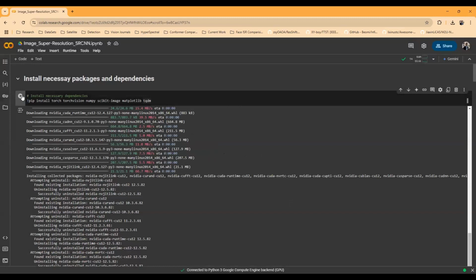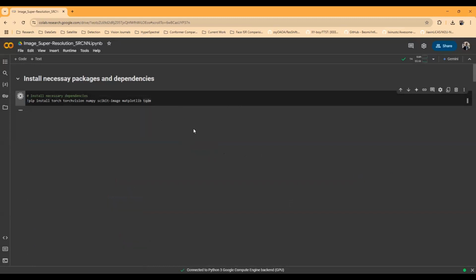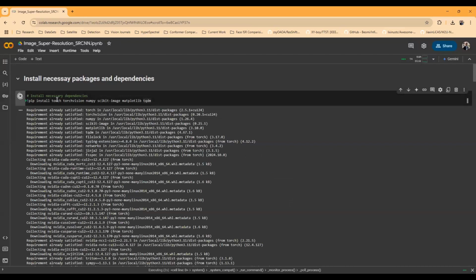Okay, and then we will install the necessary packages and dependencies. For this, we are not using TensorFlow. Instead, we are using PyTorch. So we need PyTorch, Torch Vision, NumPy, Scikit image libraries, Matplotlib, and TQDM.